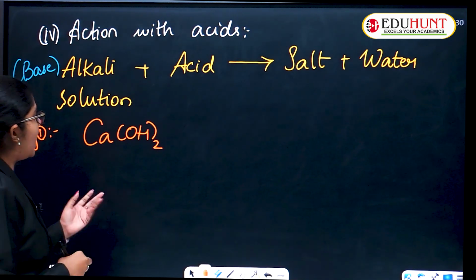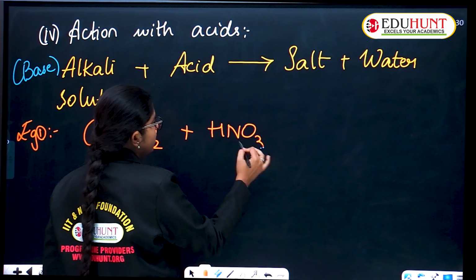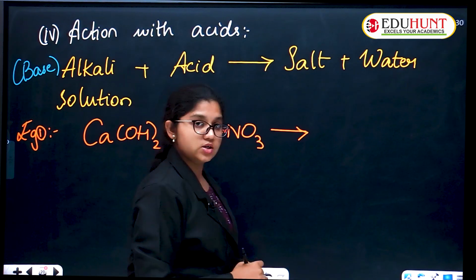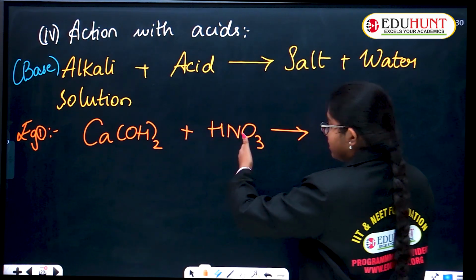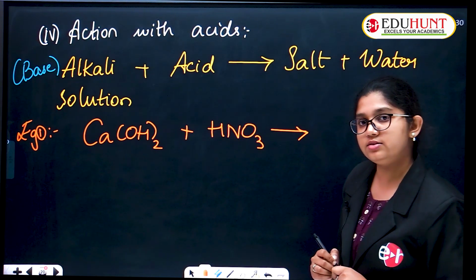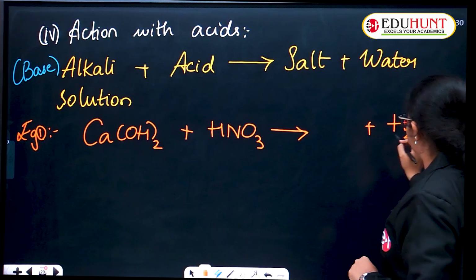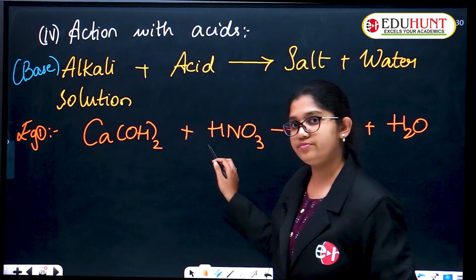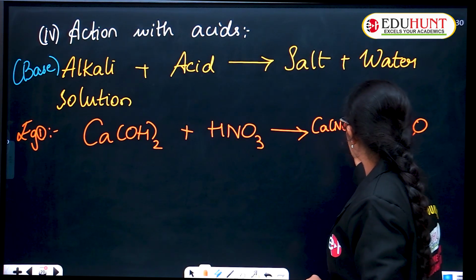To this, let's add a strong acid, HNO3. It gives rise to a salt, namely, what is that? Calcium hydroxide plus nitric acid. What salt will we get here, children? We also will get water, no? H2O. If you remove H2O from this equation, what will we get? Very good. We get calcium nitrate.